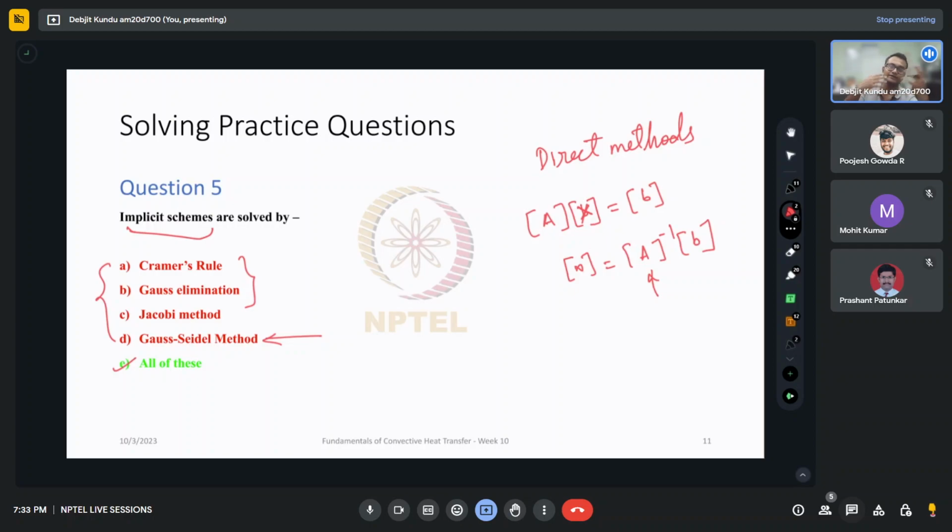So in a case where a big CFD simulation is running, where you have to find the inverse of these matrices at every step, it doesn't really make sense to use these direct methods.